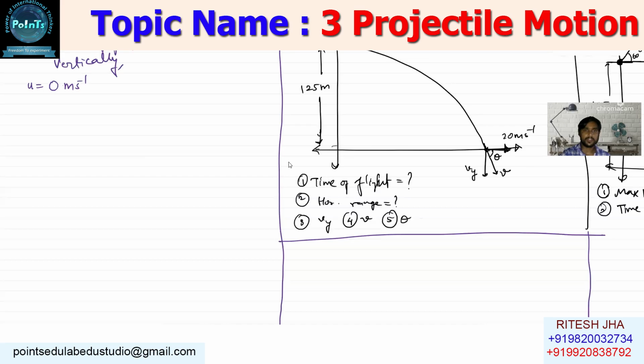What we are given is S equals negative 125 meters. Why negative?